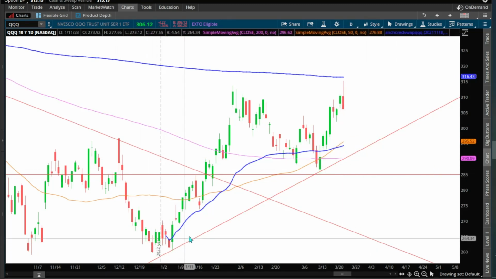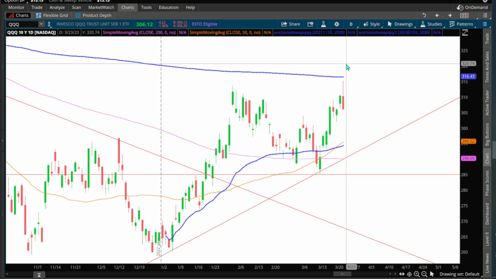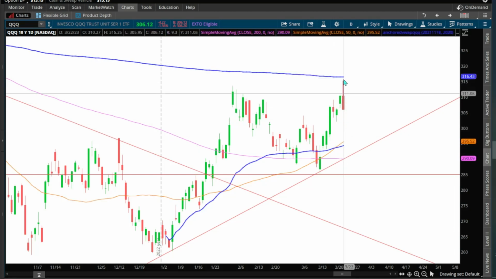We do have the support trend line underneath that as well. But right now, the scenario is probably favoring this VWAP sandwich between 295.52 and 316.43. Do note that we did have this almost double top-like pattern, and we made a second high right here, but you could still see this as a double top.